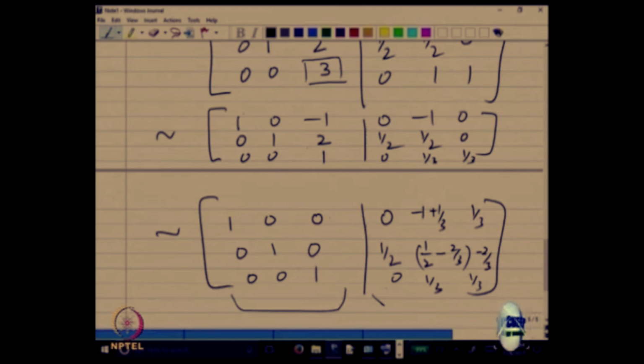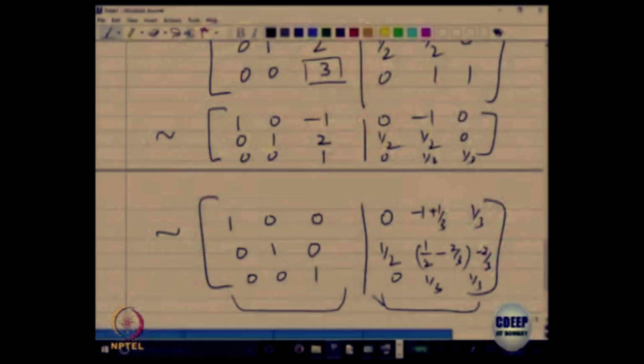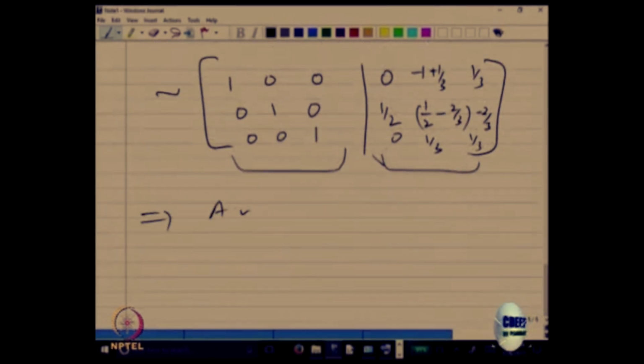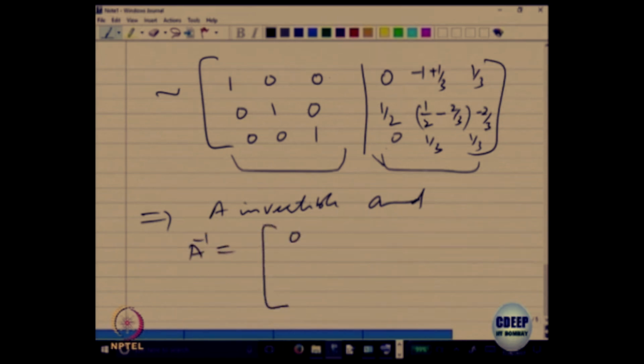So what is my reduced row echelon form of the given matrix? That is identity, right? So that means the matrix is invertible, and that should be the inverse of the matrix. So we can write from here A implies A invertible and A inverse is equal to 0, minus 3, so minus 2 by 3, 1 by 3, half, that gives you 6, 3 minus 4, 2 by 6.